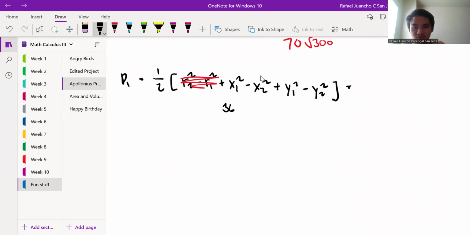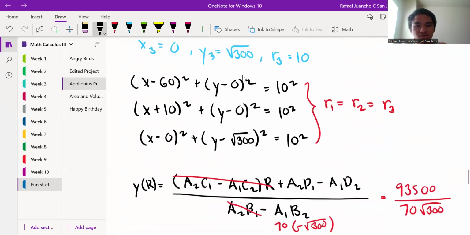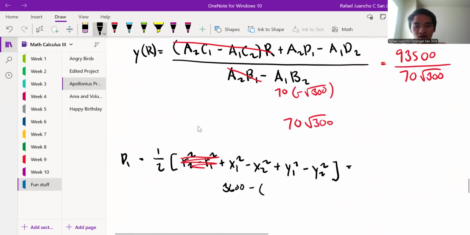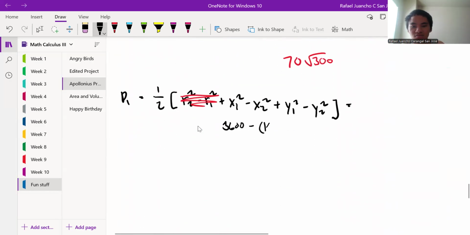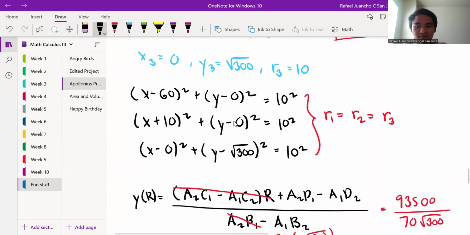So this minus negative 10, so it's 100 actually. Oh, so it is. And then this is 3, 5. Then my y1, y2.